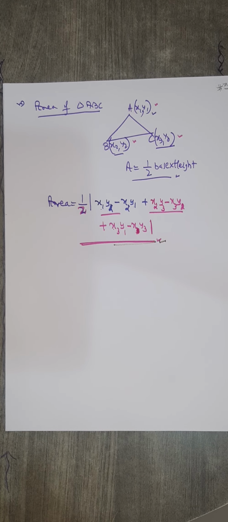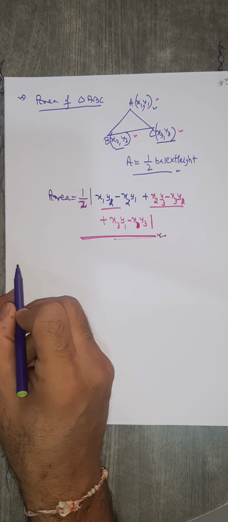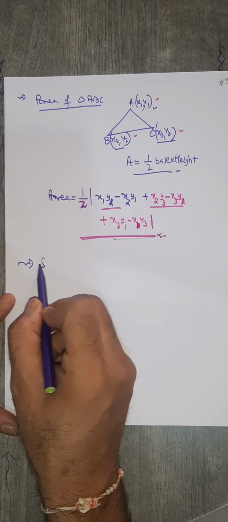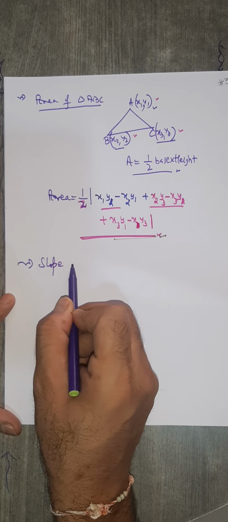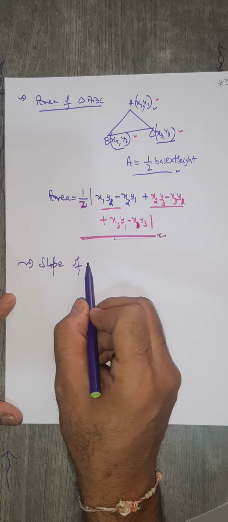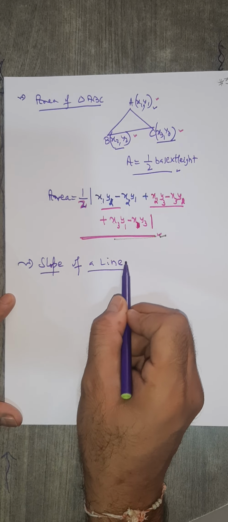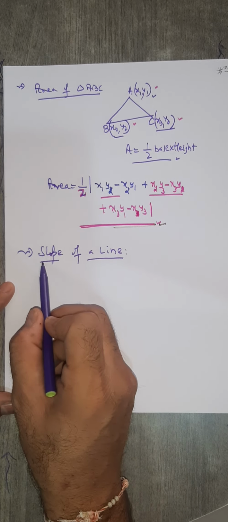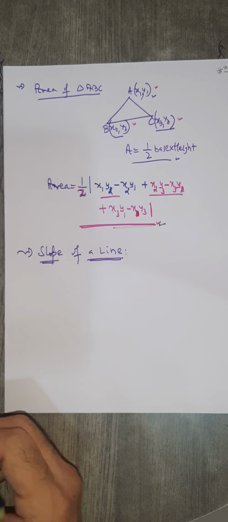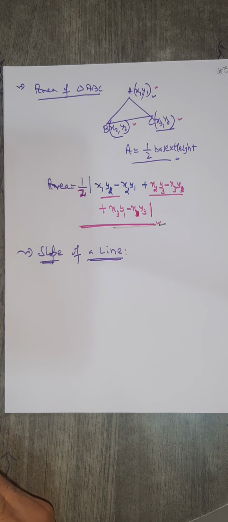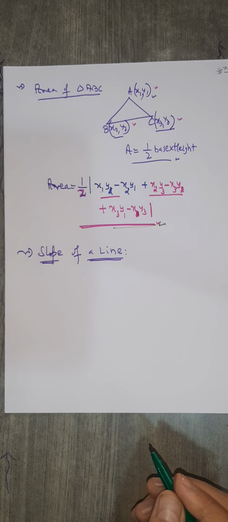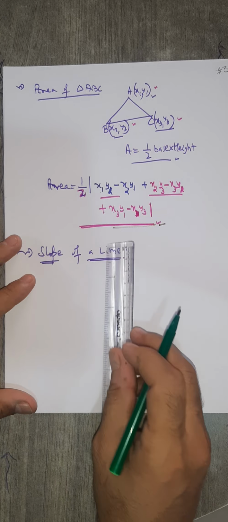Now we go to the beginning of this chapter, which is about lines, and the first concept is the slope of a line. By line, we always mean a straight line. We are defining what the slope of a line is. So we consider a line making a certain inclination with the x-axis.